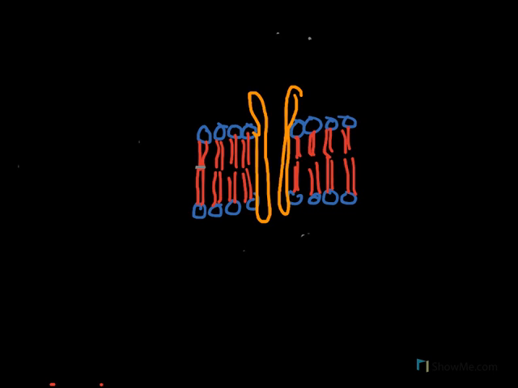We also have these proteins, and proteins can go through the membrane, stick out of the membrane. So these proteins in here, this is a protein. This could be like a protein channel or something.